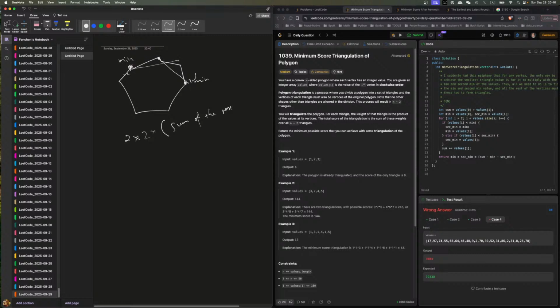Oh, you cannot. Yeah, this is not right, because if you want to do it that way, then you are essentially not covering them up. There will be an overlap. Ugh, then I have no idea.